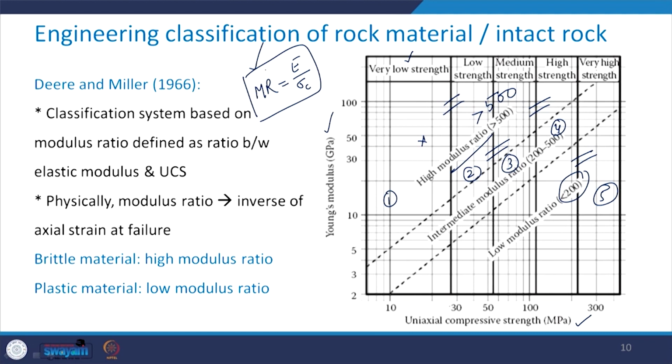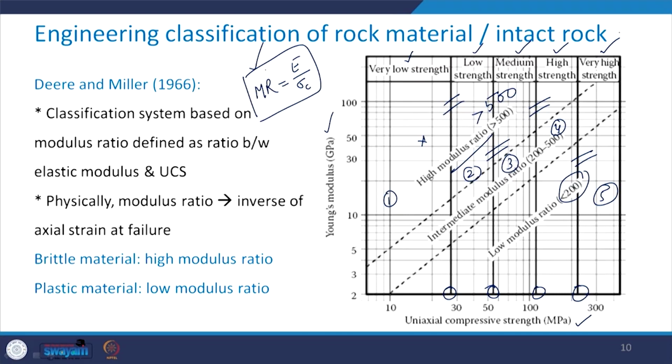You see that it is just below 30 here, and then this is between 50 and a little above 50, then 100, and so on. You have these vertical separations. So, there you have very low strength, medium strength, high strength and very high strength.